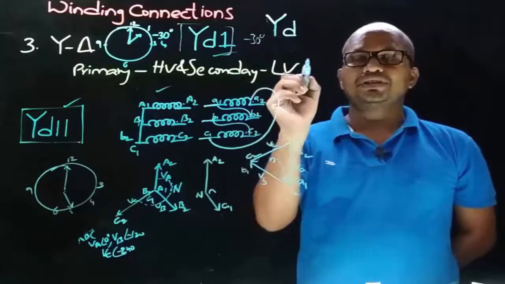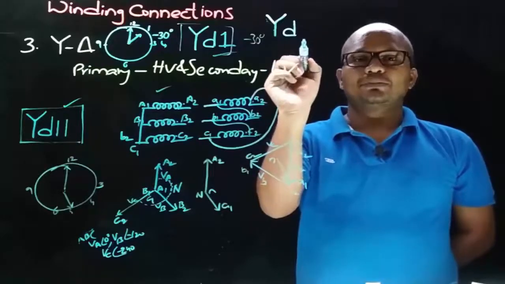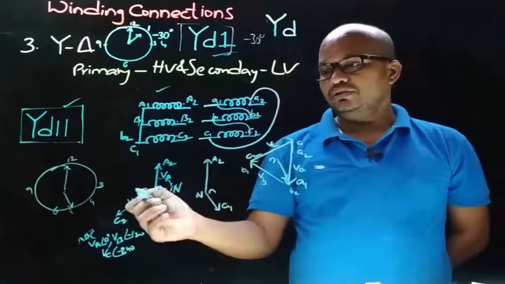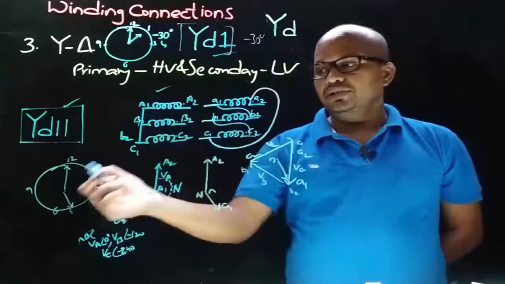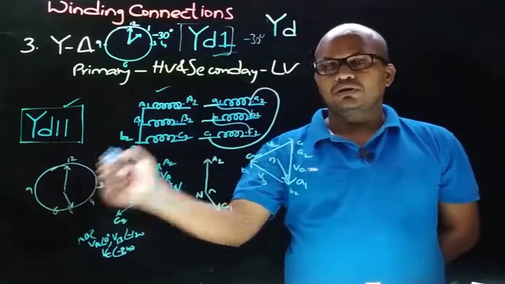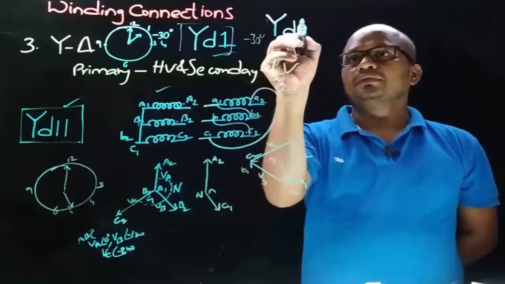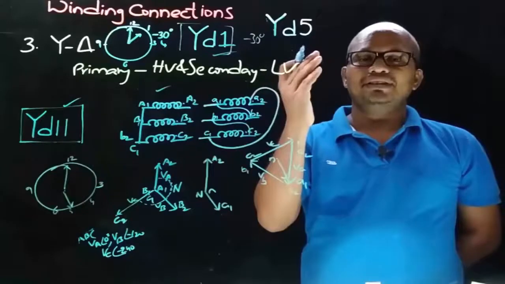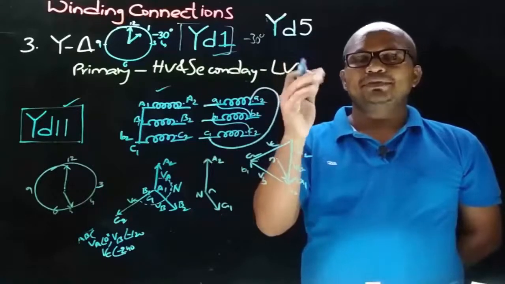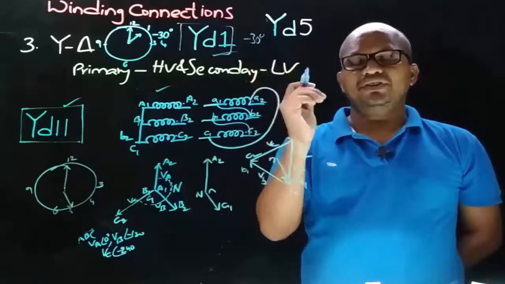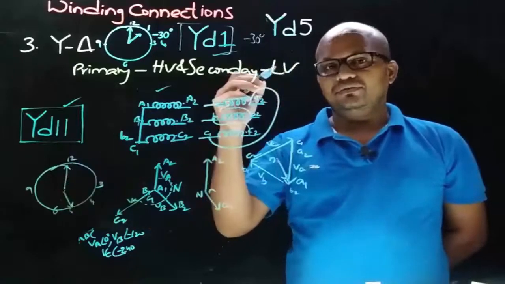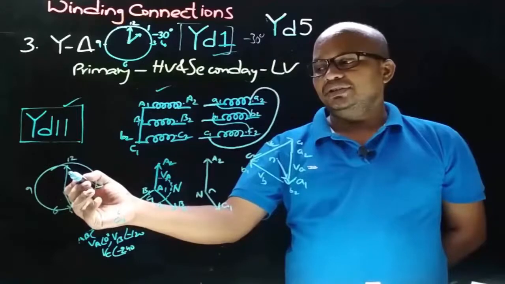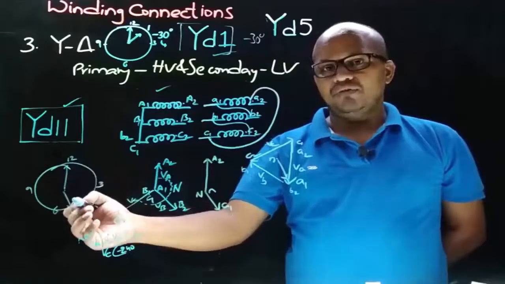And now we need to decide the third position of the vector group symbol, which is a numerical, and that is given by clock notation. So for this connection we got 5 o'clock, which means the numerical here is 5, and 5 will indicate the LV side phase to neutral voltage displacement with respect to the HV side phase to neutral voltage, and that phase angle displacement is given by the angle between the minutes needle and the hours needle.